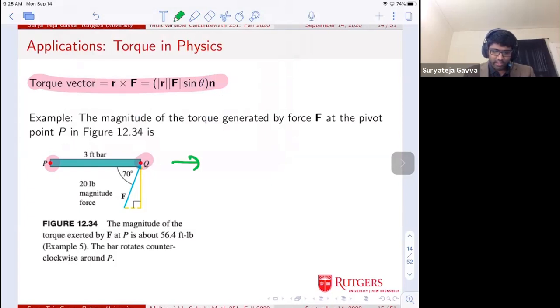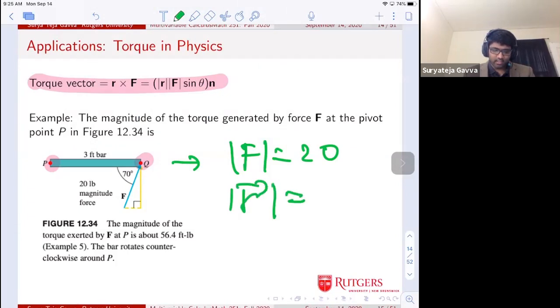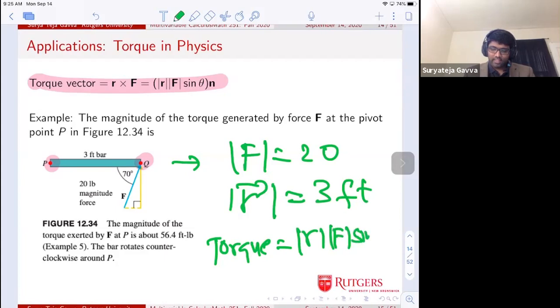Okay, so there's a force F in this example, of magnitude 20, and the length of the vector r is 3 feet. Can you tell me what the torque is? Yeah, so this is r F sine theta times the direction.